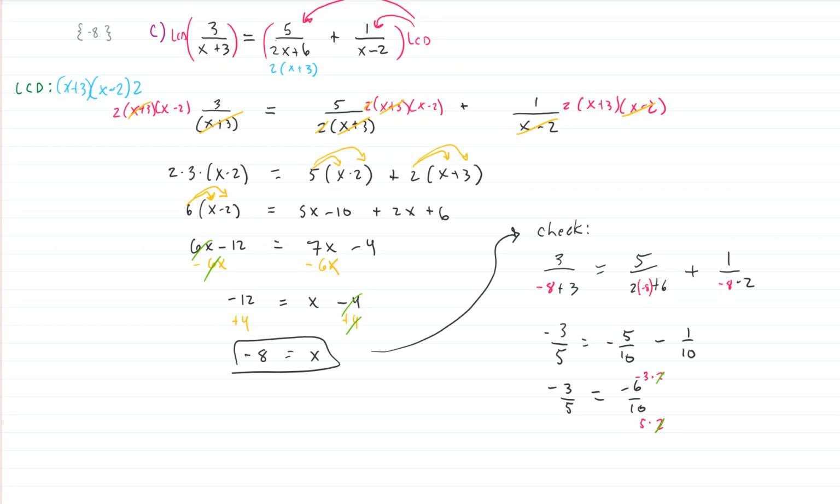And what do we get? Negative 3/5 equals negative 3/5. So we have verified that x equals negative 8 is a valid solution. And we're done with this problem.